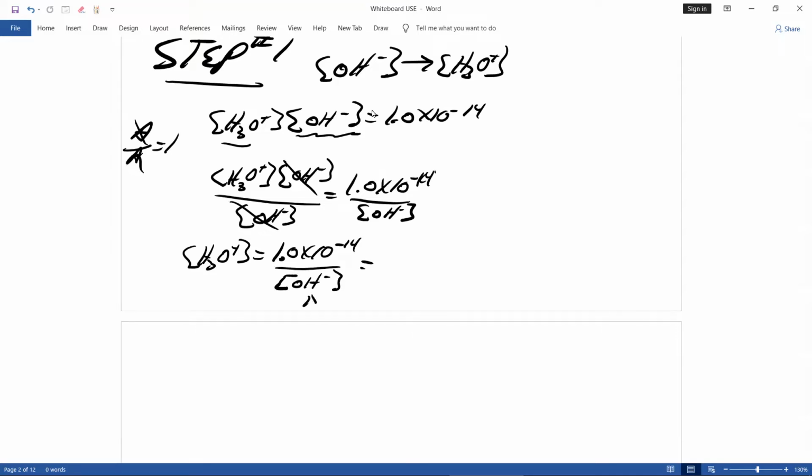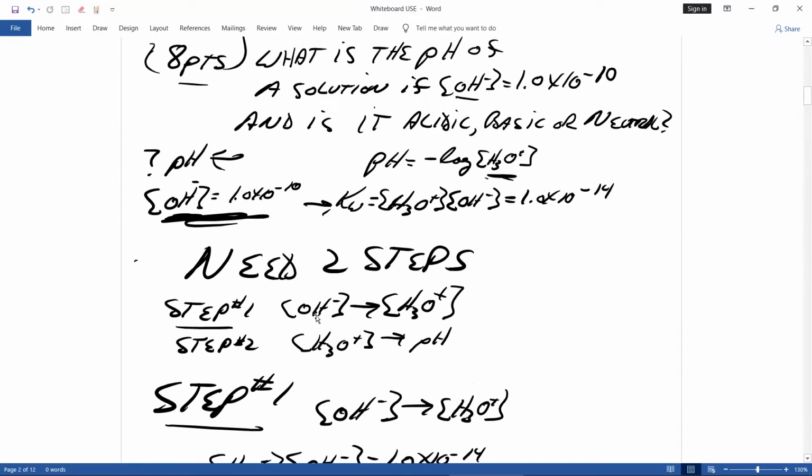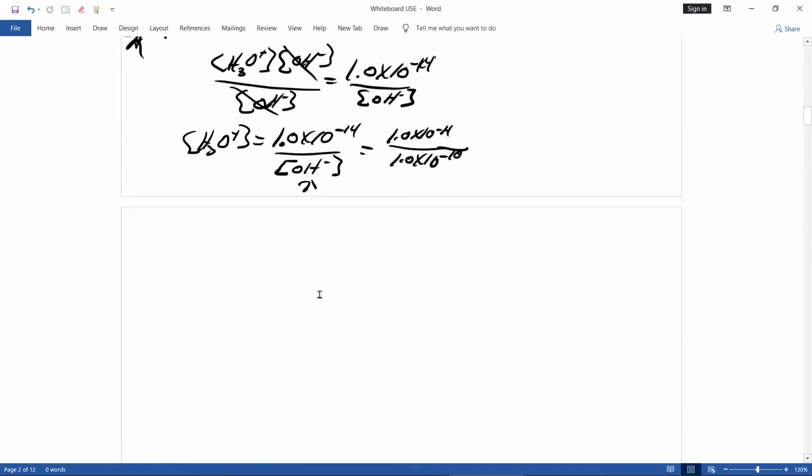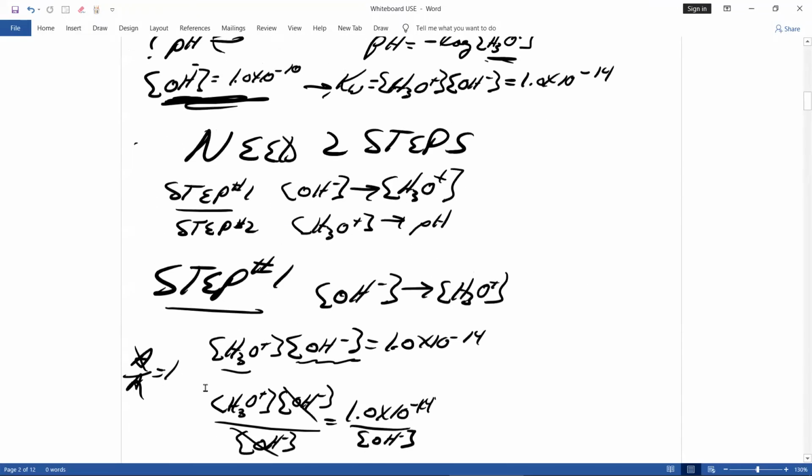I can put in this value, which I have. Let's see if I have the right number. I do. I can do this one in my head. Am I done? No, I have the hydronium ion concentration.